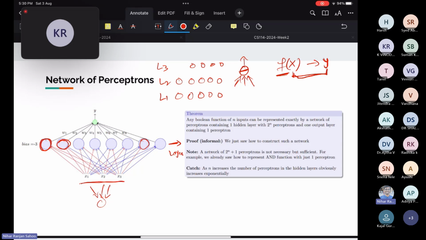This neuron can learn some other interaction. When I say interactions between x1, x2, x3, I mean how they are related with respect to the output, which for us is y. How y changes with respect to changes in x1, x2 and x3, individually or in combination. That change can be represented through some function.